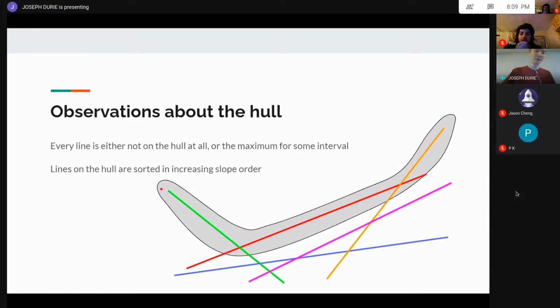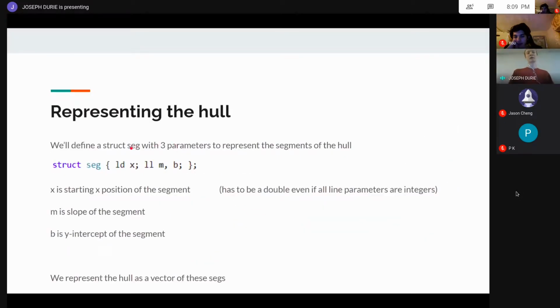So we just have some really big negative number there that we know we'll never have to go past. And notice for this one, we don't have to worry about storing it as infinity, because we're only storing the start point. So we just store whatever this point is, and then m and b.